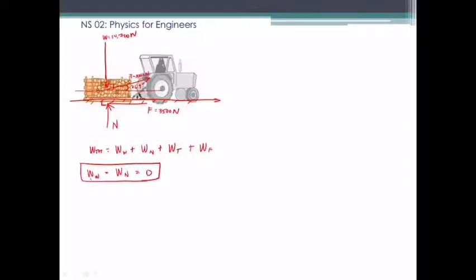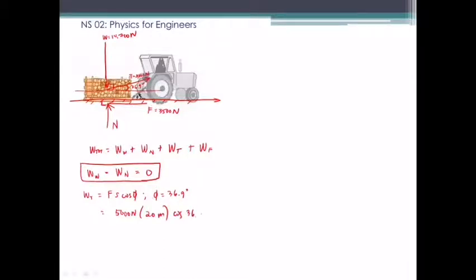Next, we get the work due to the pull of the tractor, which is given by the formula Fs cosine phi, where phi is 36.9 degrees. Our constant tension is 5,000 newtons. Our S is 20 meters.